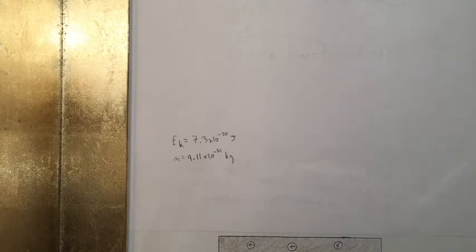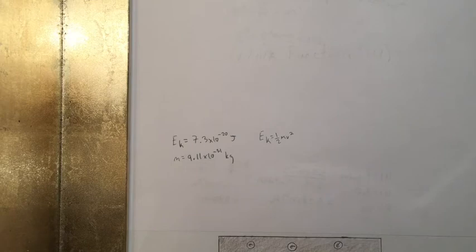We now know the kinetic energy of the electron is 7.3 times 10 to the negative 20 joules, and we know that the mass of an electron is 9.11 times 10 to the negative 31 kilograms. So we can use this information to find the velocity of the electron. Just like a collision between two cars, in the collision between the photon and the electron, energy is conserved. We know kinetic energy to be equal to 1/2 mv squared.